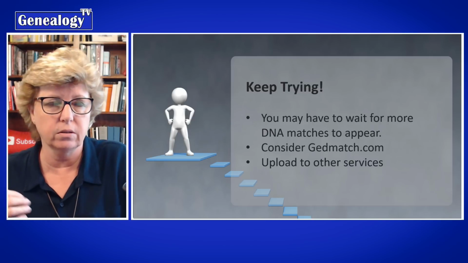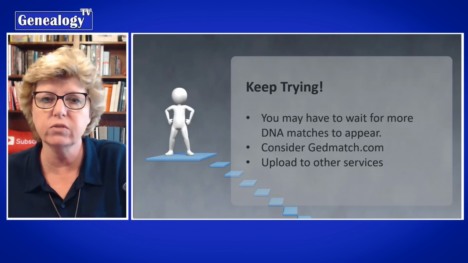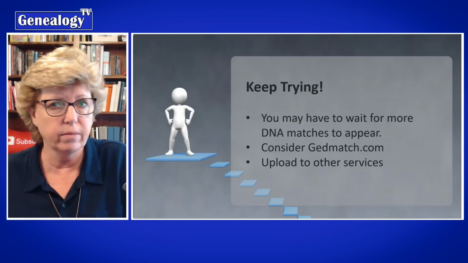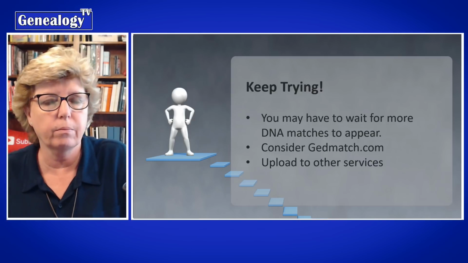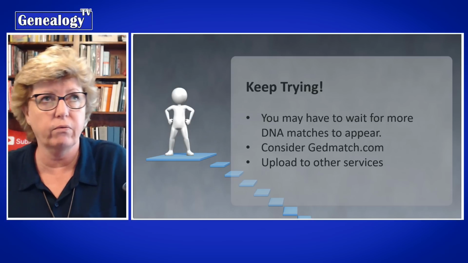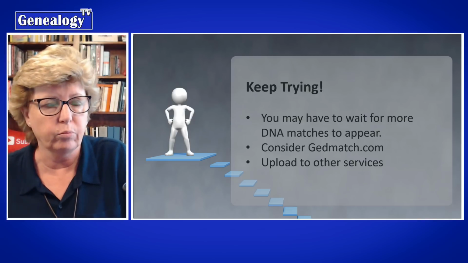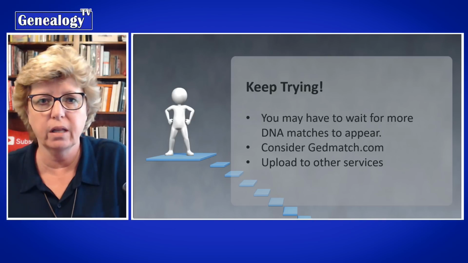If you upload it to places like MyHeritage and a couple of the other places, you may have to pay for that service. GEDmatch is free. There are some higher level paid parts of GEDmatch, but I believe for the basic level you can upload for free. And please make sure you set it to be used by law enforcement.